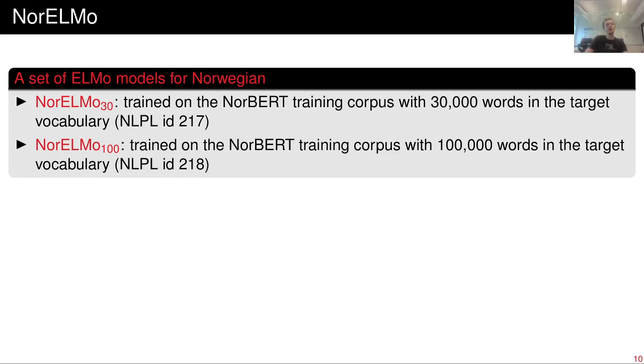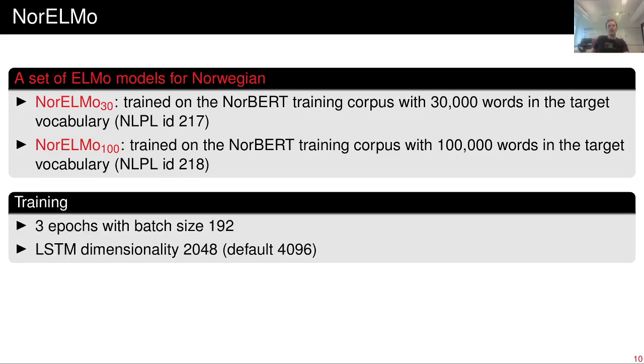So we provide a set of ElMo models for Norwegian. In particular, the so-called NorELMo 30 and NorELMo 100 models, which are trained on the same corpus as NorBERT. The only difference between these 2 models is that the first one is trained with 30,000 words in the target vocabulary, and the second with 100,000 words. They were trained with 3 epochs, batch size 192, so all the parameters were pretty standard.